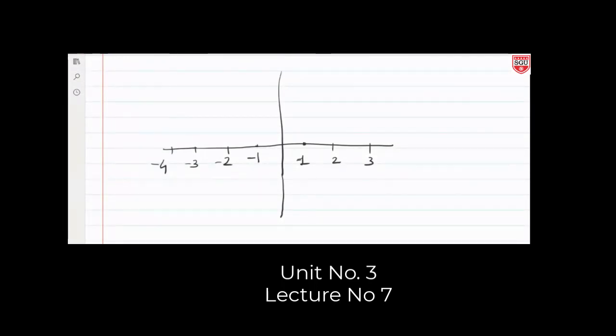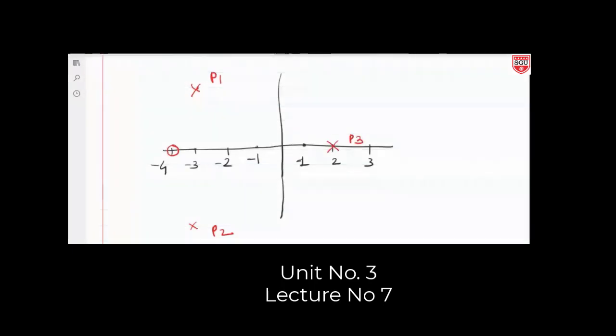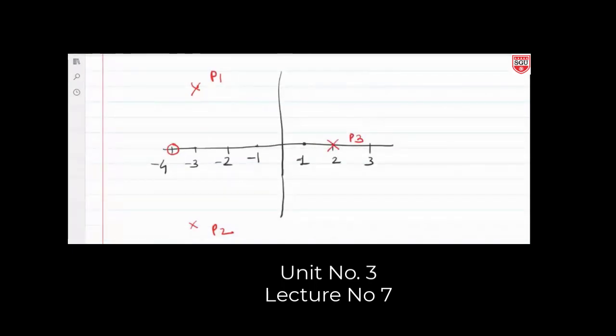On this, what I have found is that there is a pole P1 here, which is imaginary one. Here it is P2. Here is 0, 1, and here is another P3.